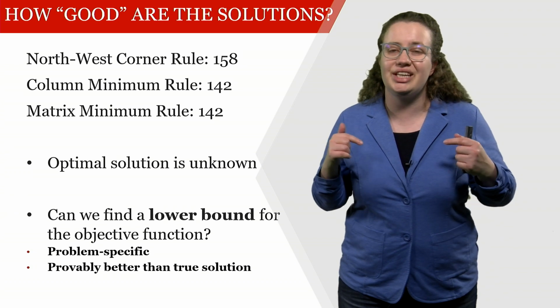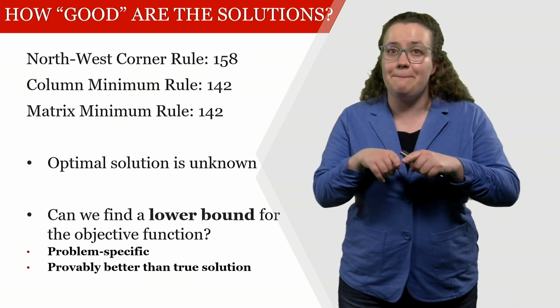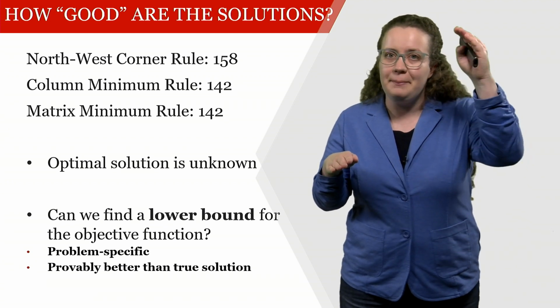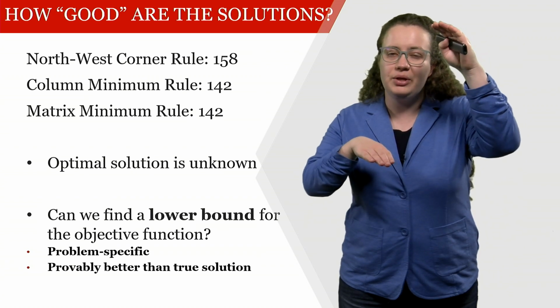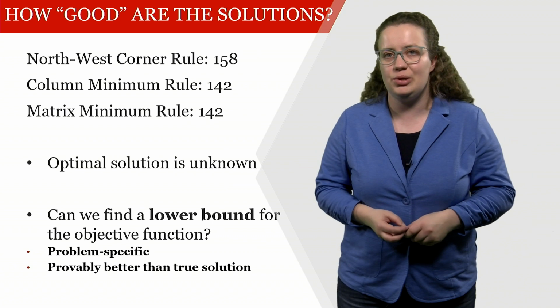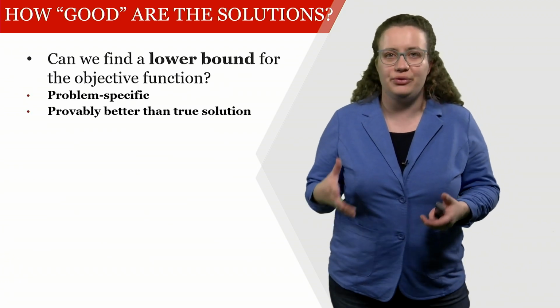It's definitely giving us less costs. Because if we know that some value is giving us a better value than the optimal solution, and we know what a heuristic gives us, then we know what is the most gap that we can get where the solution is bad. So now let's check if we can find a lower bound for this problem.